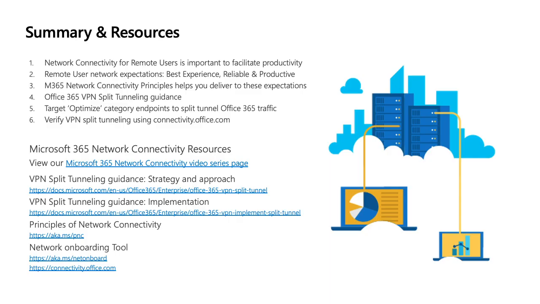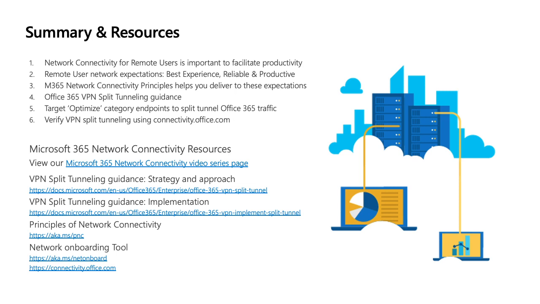Hopefully, the demos have given you a good view of how to use the network onboarding tool for VPN detection and to validate VPN split tunneling for Office 365 traffic for your remote users. Let's go ahead and summarize what we have discussed so far in this video.